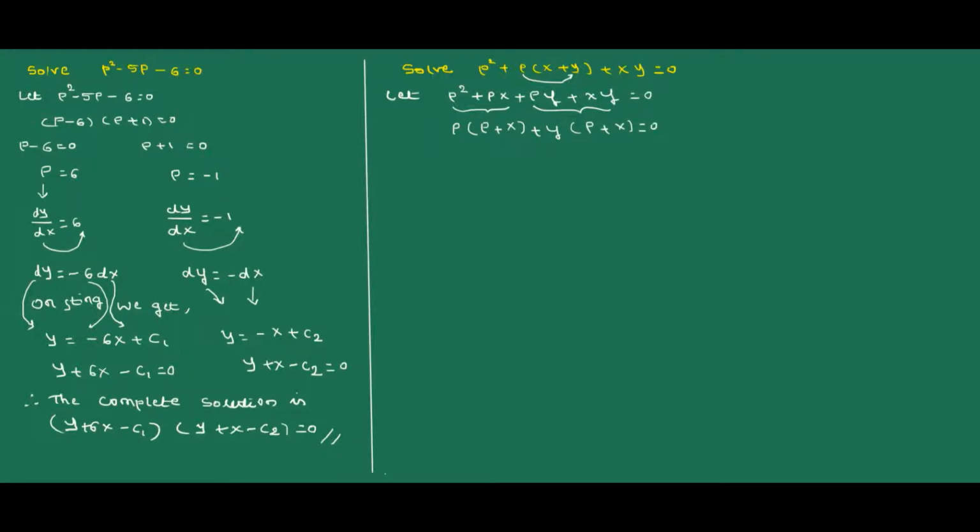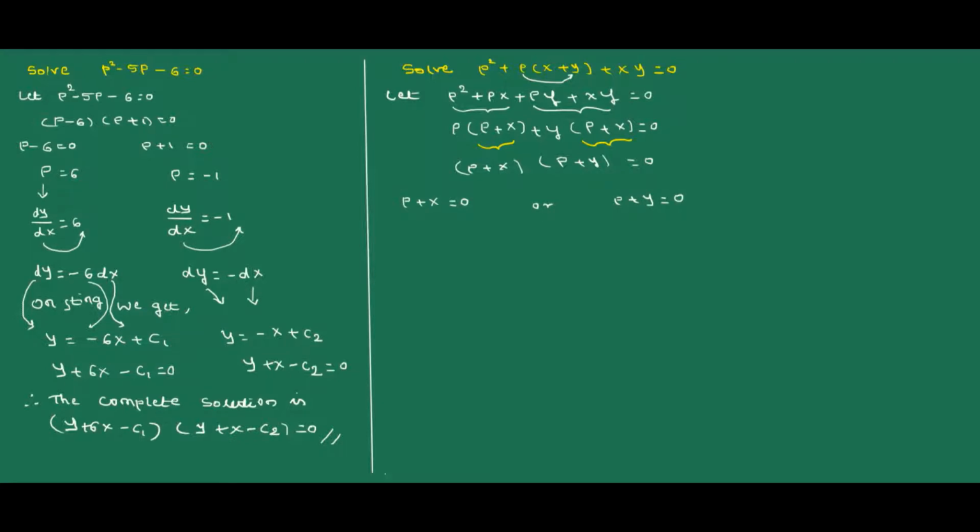So now this is a common term, so we can write it as (p plus x)(p plus y) is equal to 0. That implies p plus x is equal to 0 or p plus y is equal to 0.